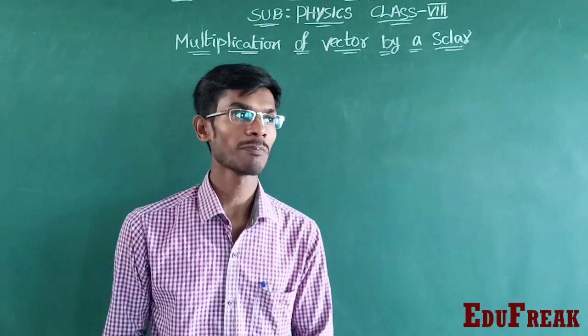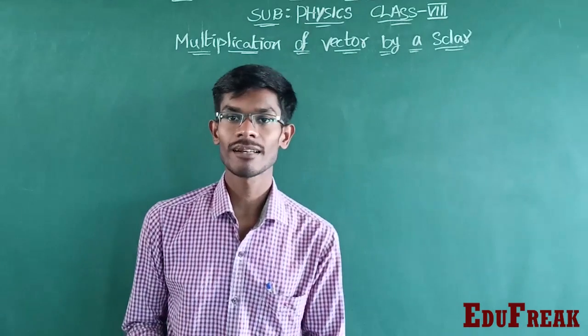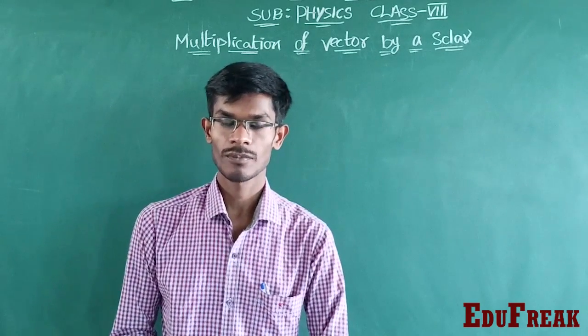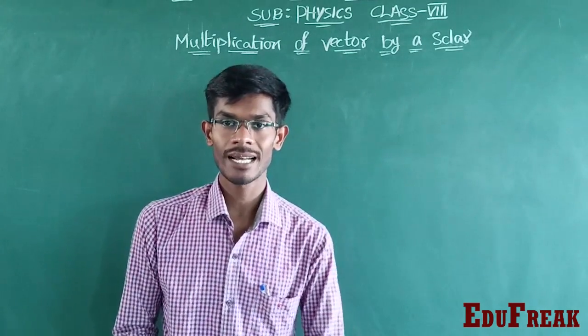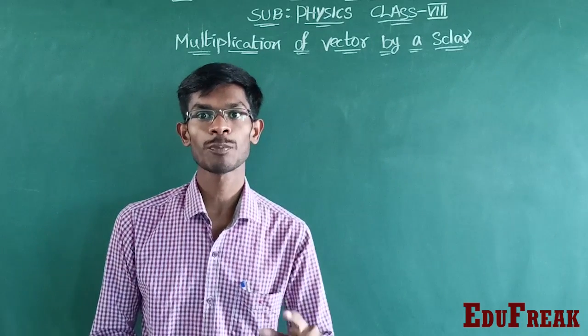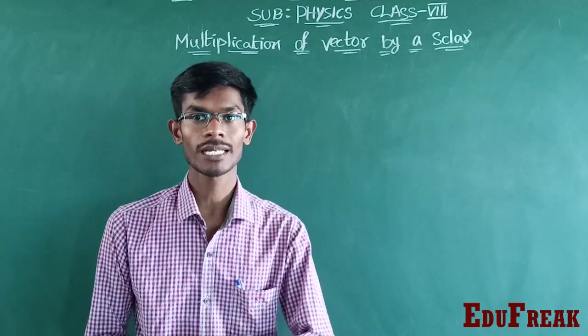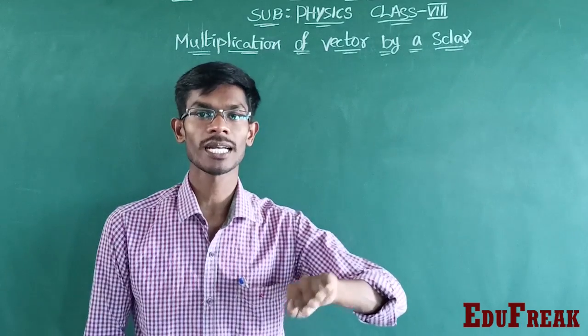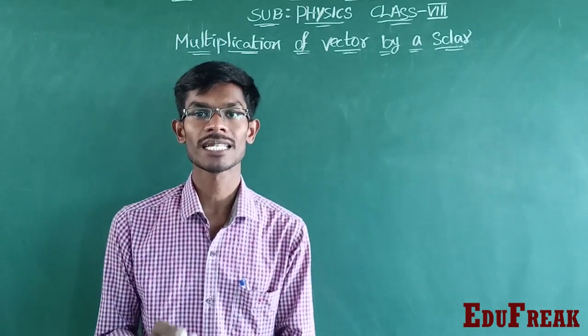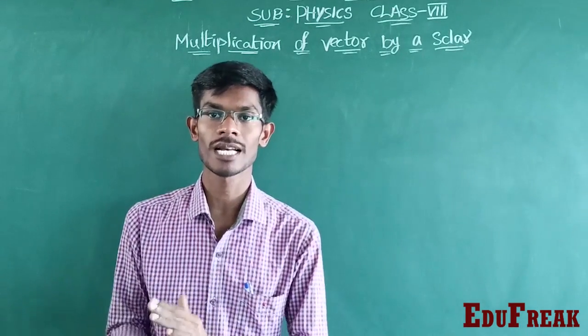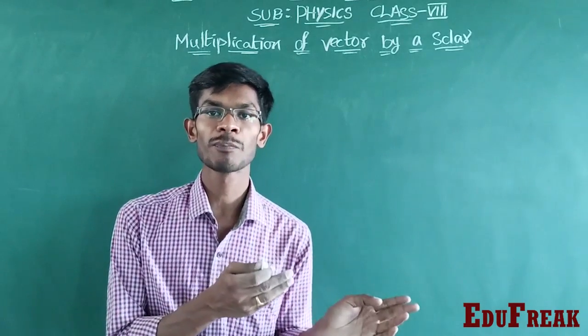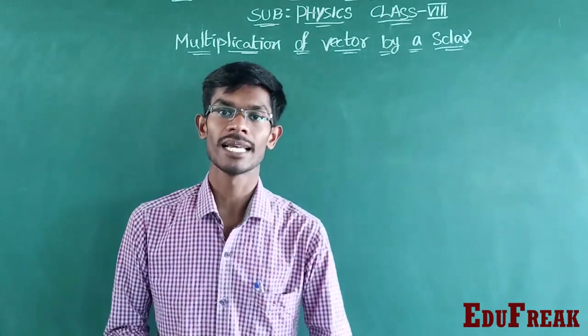Then how can we multiply a vector by a scalar? In vector algebra we have the dot product and cross product, but without considering those, how do we multiply a vector by a scalar?